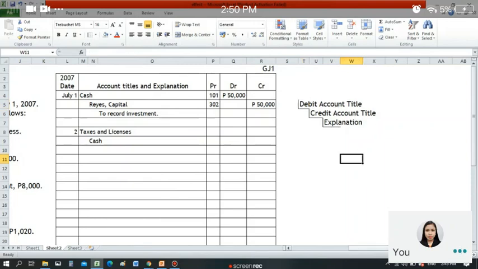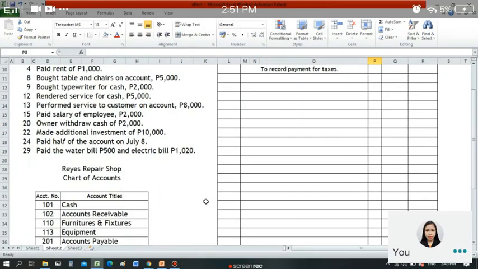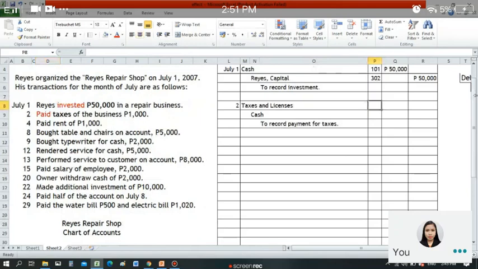Next is the explanation. To record, best explanation, yung paid, gawin yung payment. So, make it a sentence. So, to record payment, or what did you pay? Taxes. So, taxes and licenses, 501, and cash is 101.